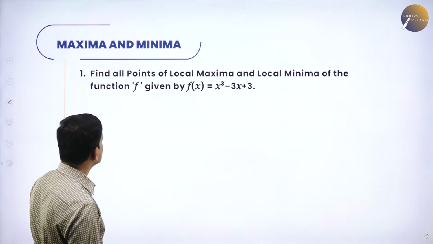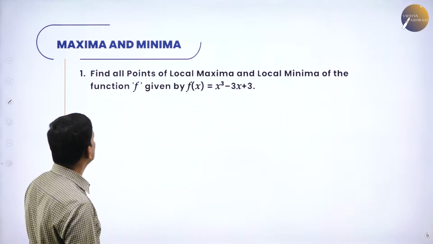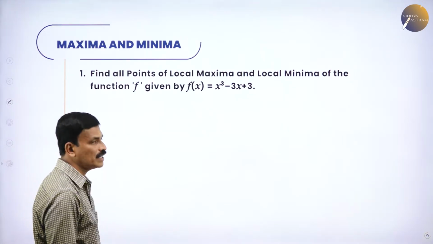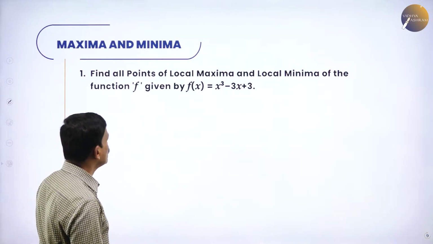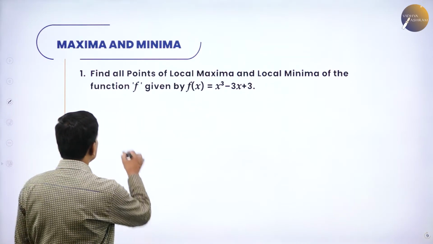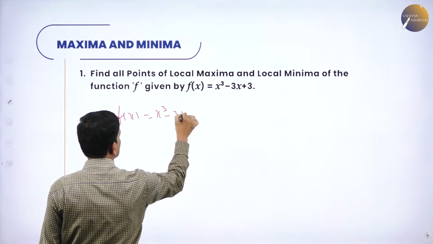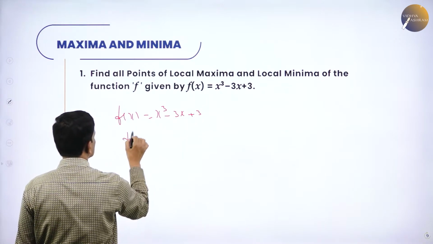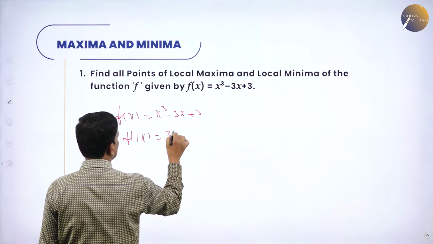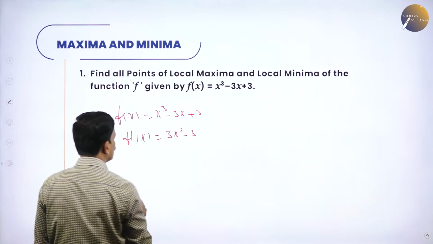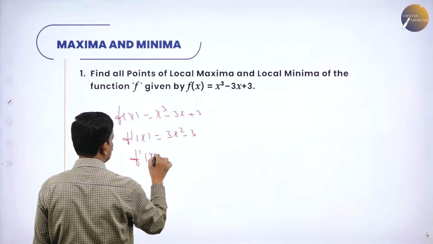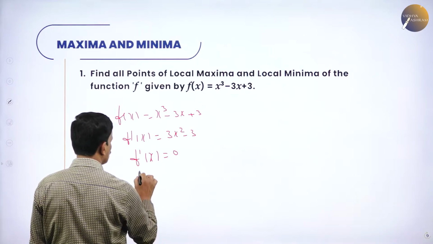Find all the points of local maxima and local minima of the function f given by f of x is equal to x cube minus 3x plus 3. Now what is given? F of x is equal to x cube minus 3x plus 3. Differentiate this. F dash of x is equal to 3x square minus 3. Okay. For the function to be maxima or minima, f dash of x is equal to 0.